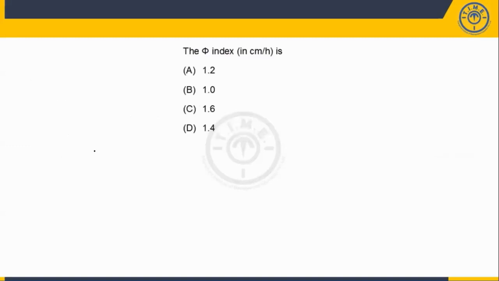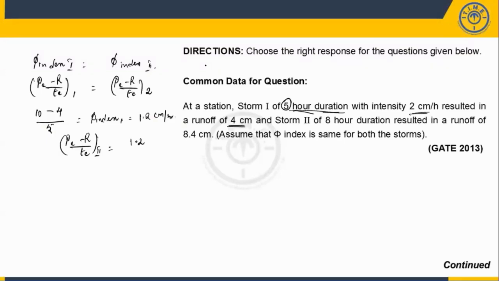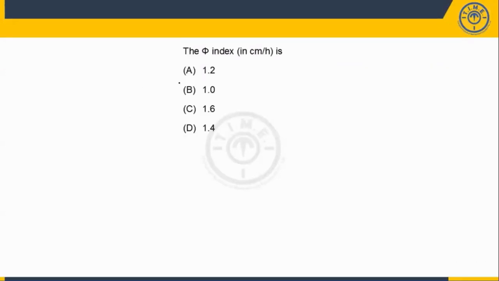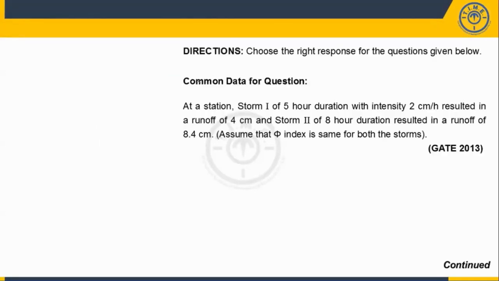One part is done. How much is phi index? 1.2. Phi index is done.